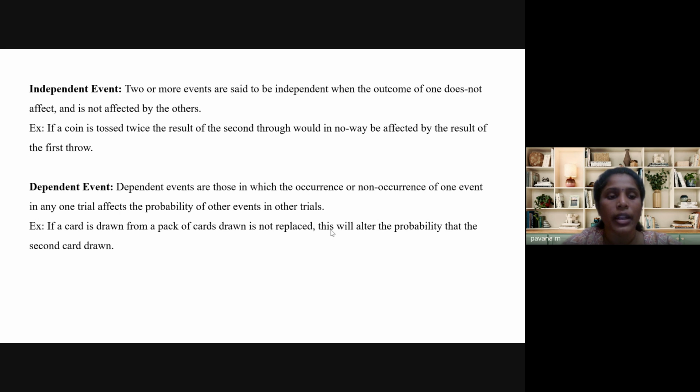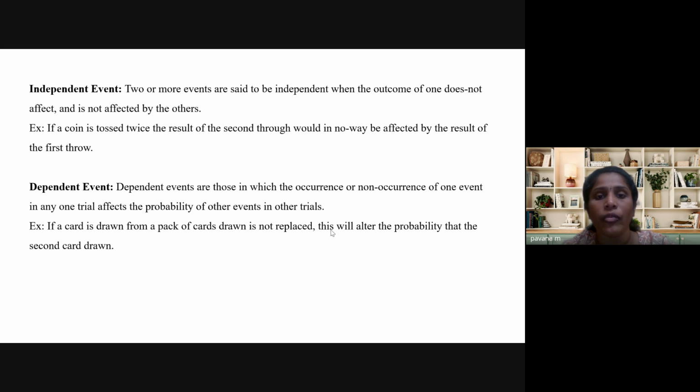And dependent events means the outcome of one experiment will affect the outcome of another experiment in that series. That means you are conducting 10 trials. In those 10 trials, the first experiment result will affect the second experiment result, and the second experiment result will affect the fourth experiment result. Like that, they are affecting the outcomes of the other experiments.